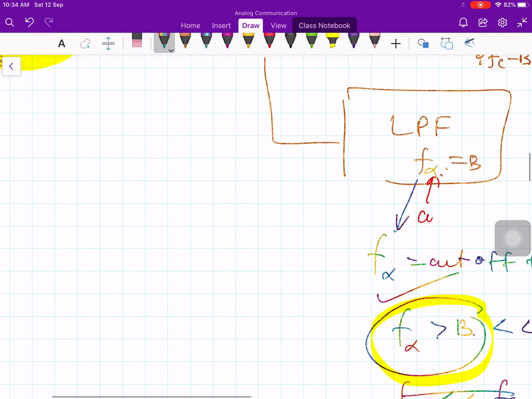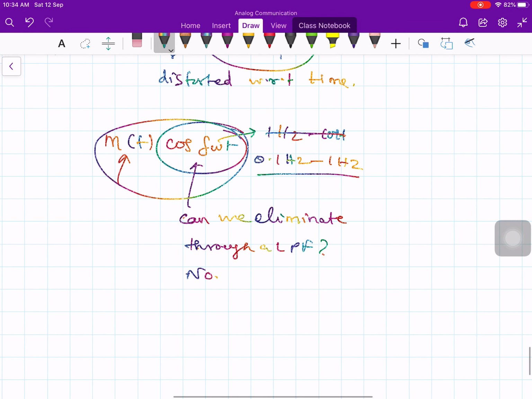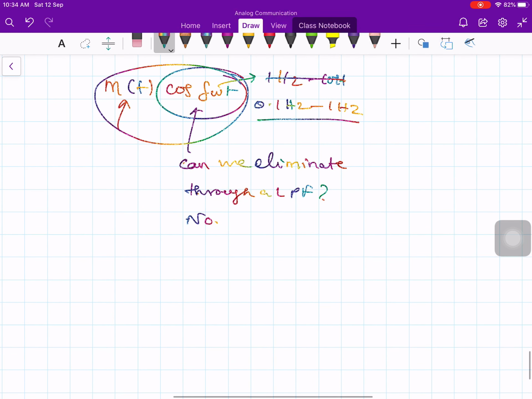The same type of situation occurs here also, but here the carrier frequency is how much? Very low frequency, 1 hertz. It's extremely small. Even if it has a high frequency, the low pass filter would not remove it because the whole thing, k times m of t, is transmitted around that frequency. So in that case, the low pass filter would not remove anything.